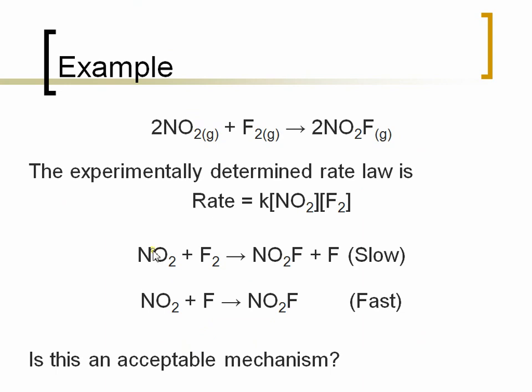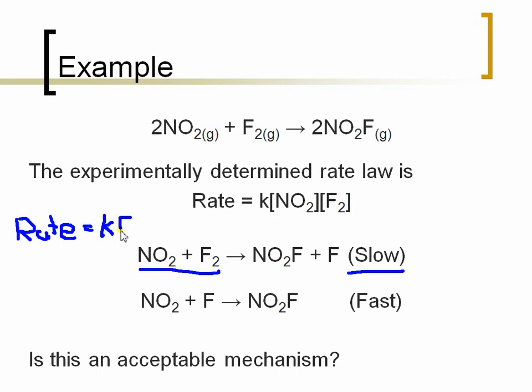The second criterion is that we have to determine if the rate law for the mechanism agrees with the experimentally determined rate law. Since this is the slow step, I can write my rate law from the reactants of this, which I will do. Rate, very hard to write with your opposite hand, equals k.